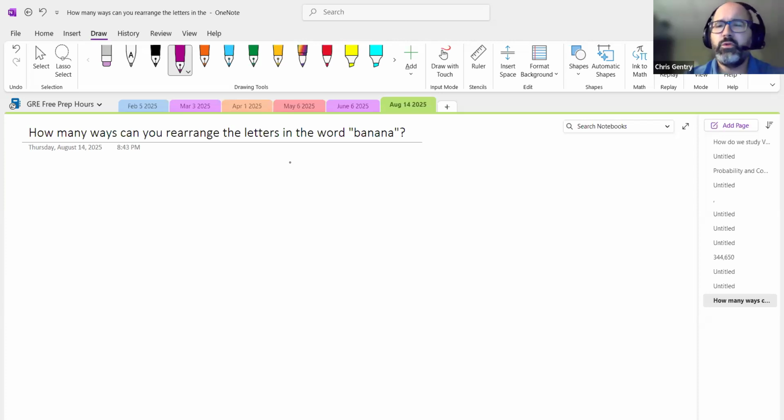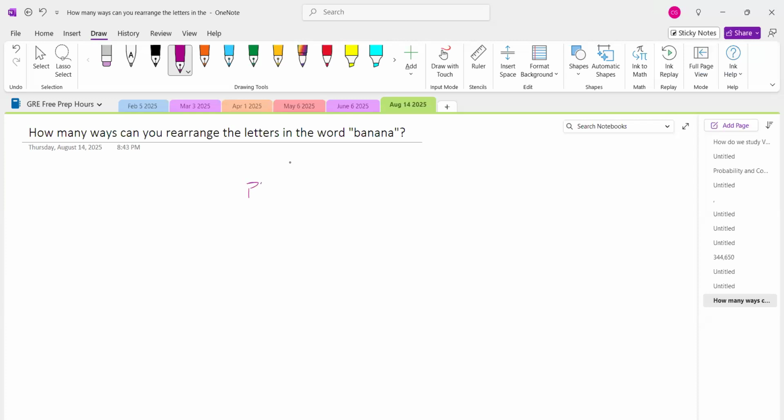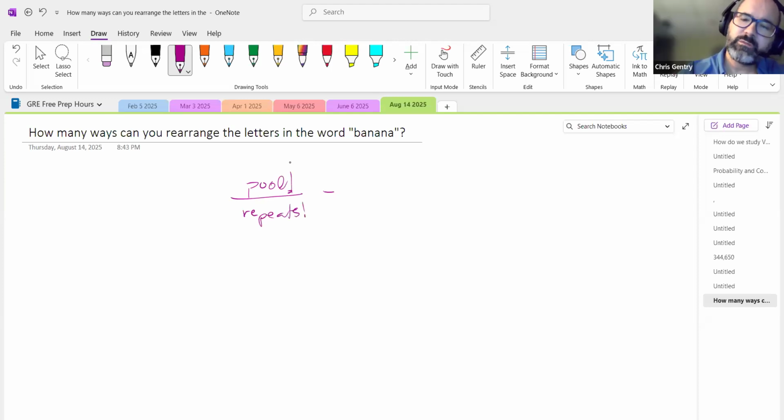Should this be pool over chosen, or should this be pool over repeats? Anyone in the group speak up? Can you hear me now? Yes, it will be the same as the last one in Mississippi, all over repeated. And what is my pool?